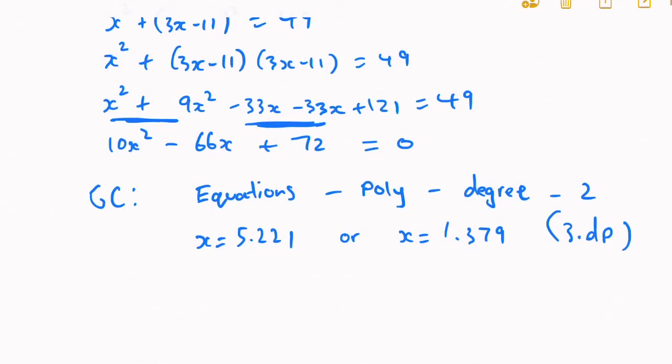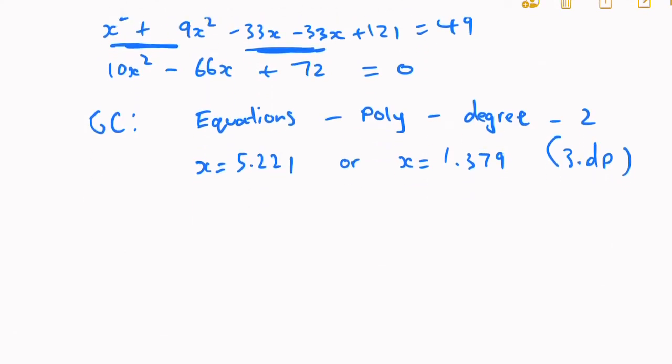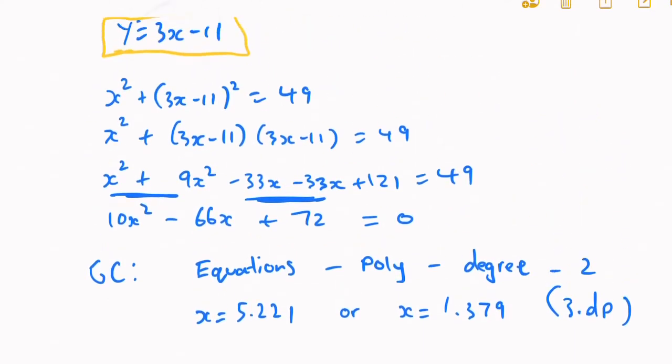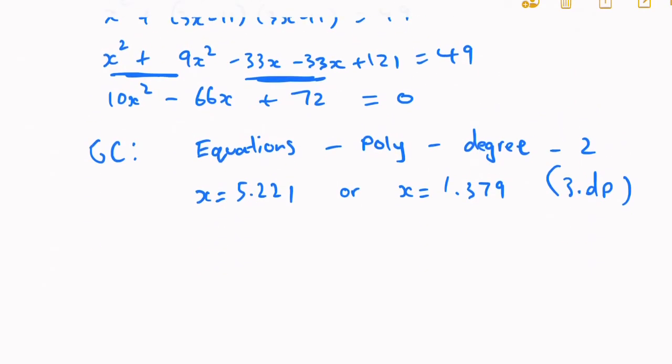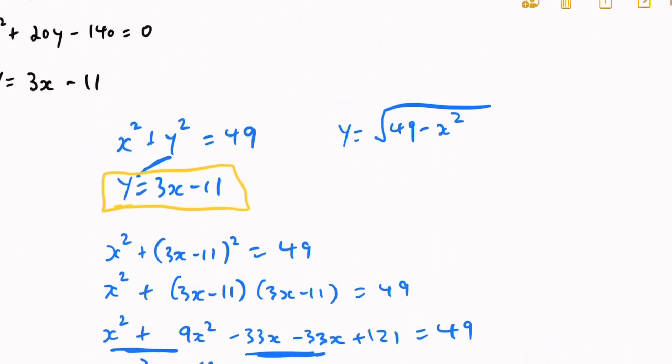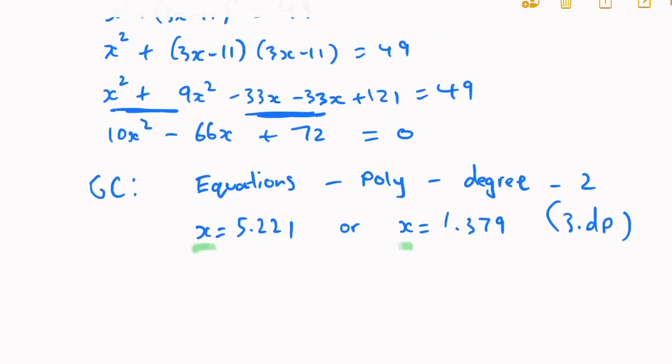Okay, now we need to get the y value. So we're going to substitute both x values into one of these equations, which this equation will be the easiest. So let's substitute that.